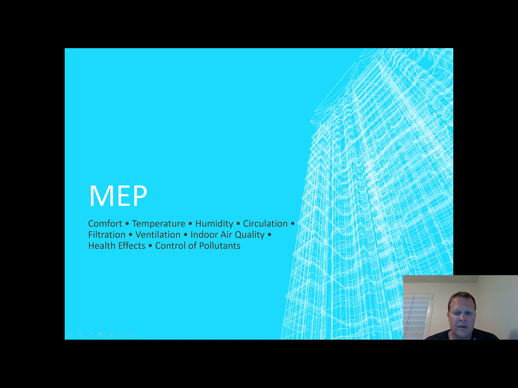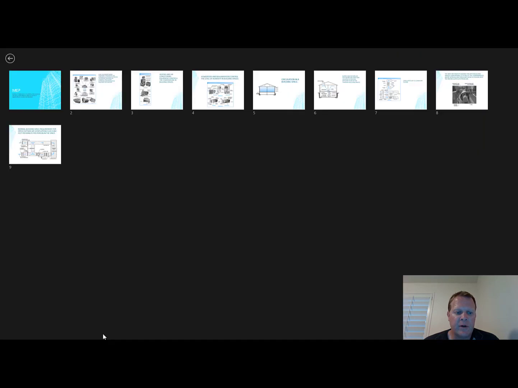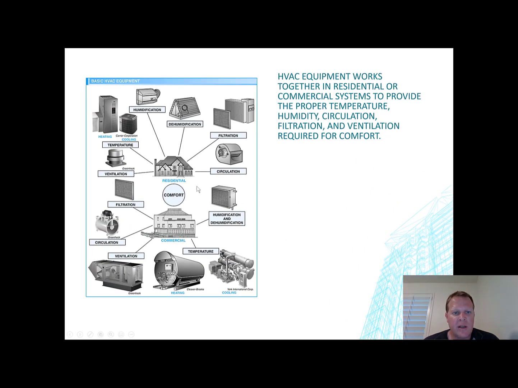We started this whole series off talking about comfort, temperature, and we were saying like the residential versus the commercial side. What did I just talk about? I just talked about larger rooftop units, chillers that kind of look like this. We just got to some of these right here.